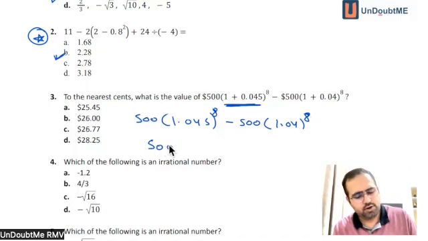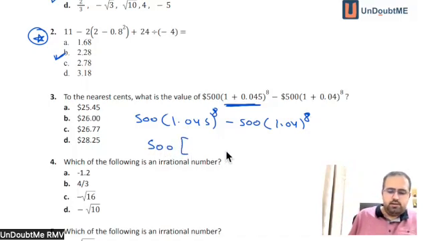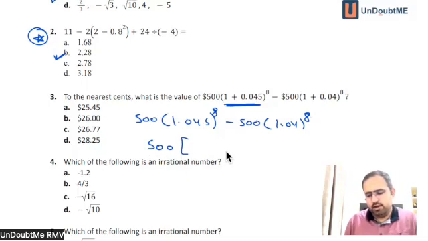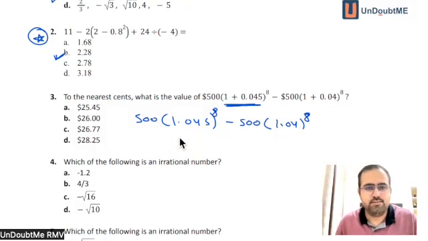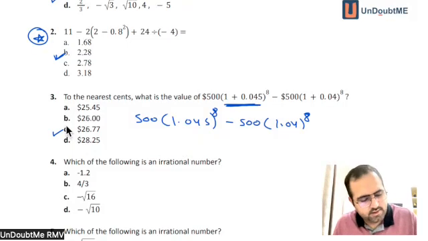If you want, you can take 500 common. What's the answer? 26.77. Yes, it is correct.